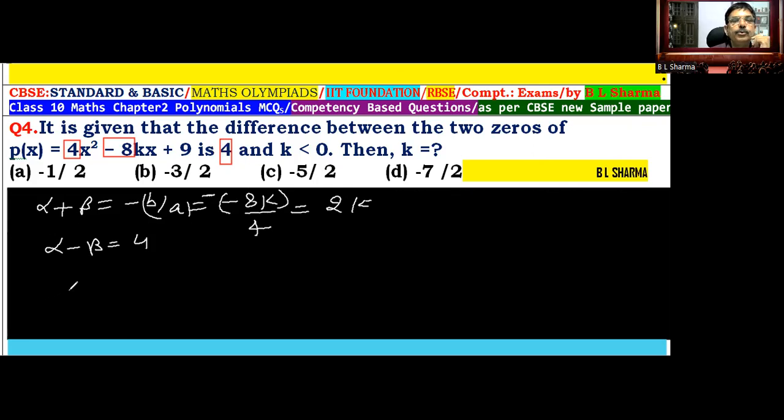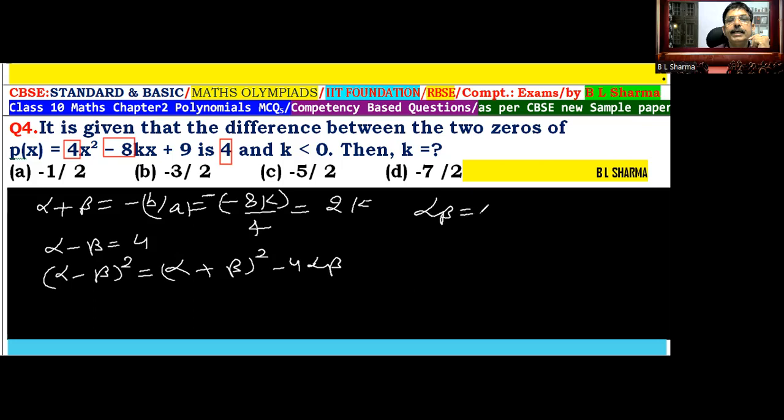For that, we use the formula: alpha minus beta whole square is equal to alpha plus beta whole square minus 4 alpha beta. Here the product of zeros, alpha beta, is given by c upon a, means the constant term, that is 9, and the coefficient of x squared, that is 4.